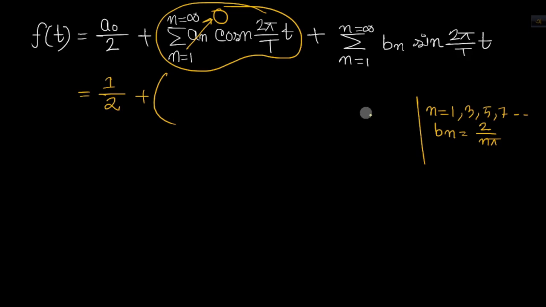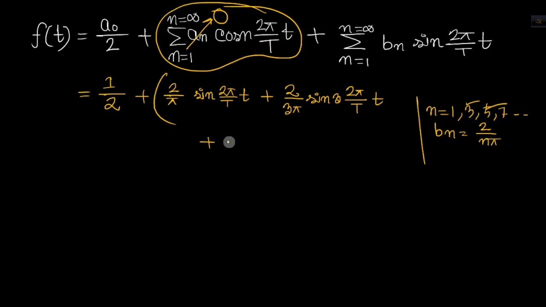So put the value of 1, so 2 by pi, then sine 2 pi by T. Okay, now for n equal to 3, we will have 2 by 3 pi sine 3 into 2 pi by T. Then again if I take 5, so 2 by 5 pi sine 5 into 2 pi by T, and this goes on up to infinity.